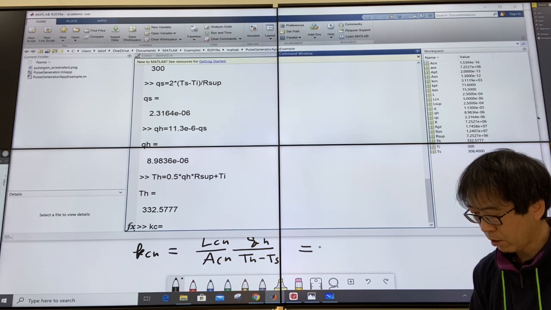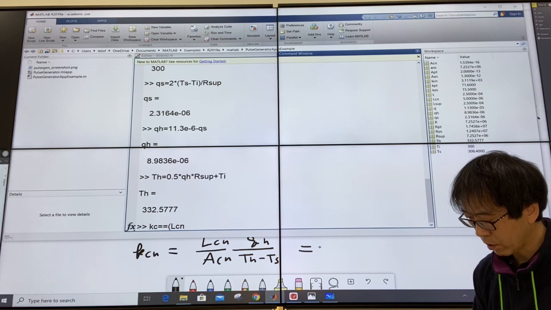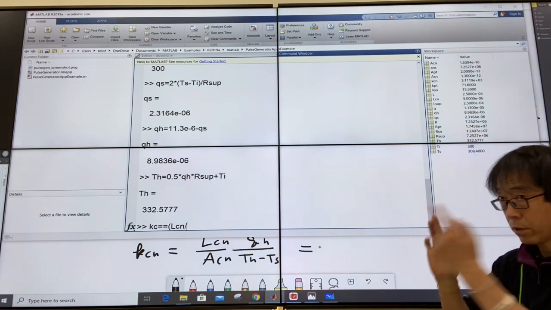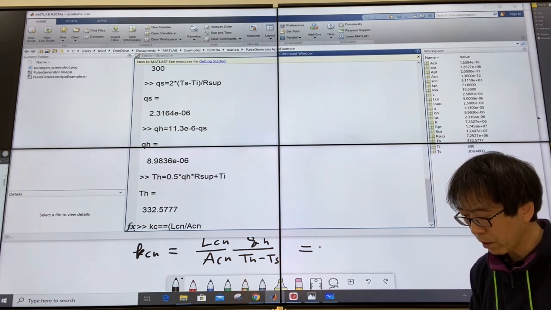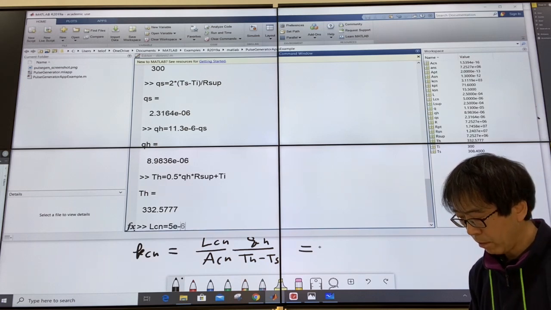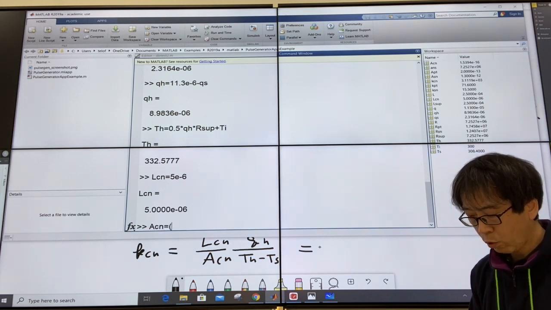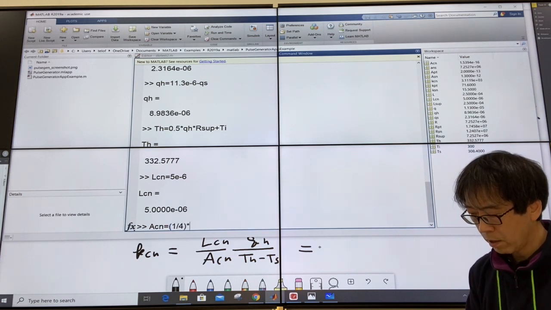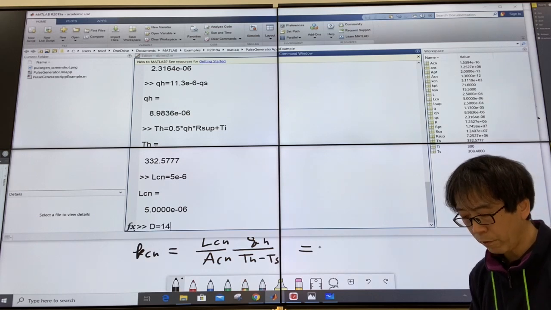KCN equals LCN. LCN is given, 5 microns, the gap size, over ACN, the carbon nanotube area. Well, let me calculate it. LCN is 5 microns, and the cross-section area of carbon nanotube will be a quarter times pi times the diameter squared. The diameter was 14 nanometer, 14 times 10 to the minus 9.